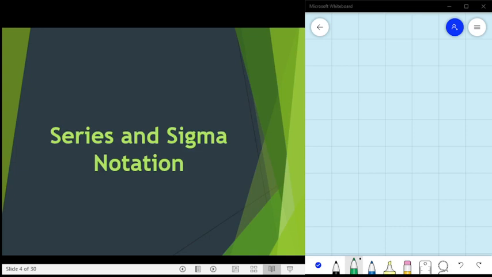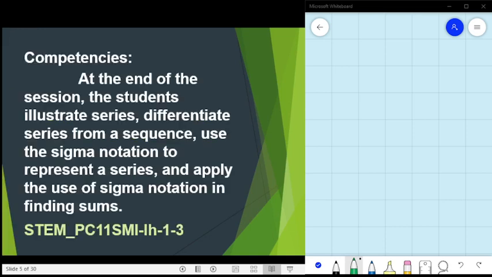Series and sigma notation. The competencies: at the end of the session, the students illustrate series, differentiate series from a sequence, use the sigma notation to represent a series, and apply the use of sigma notation in finding the sums.